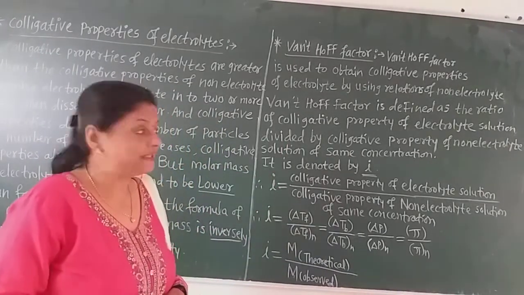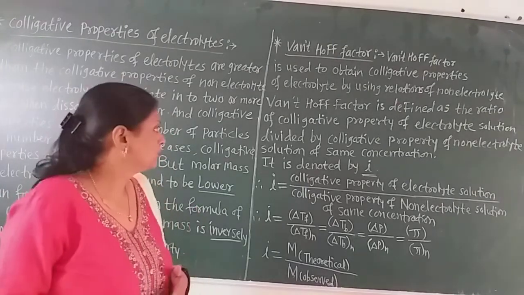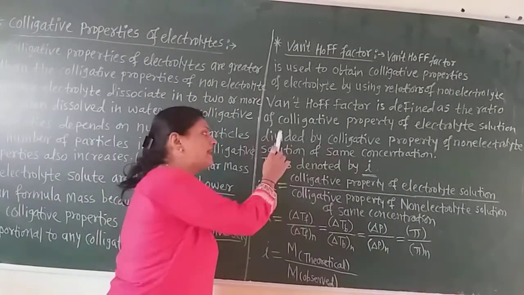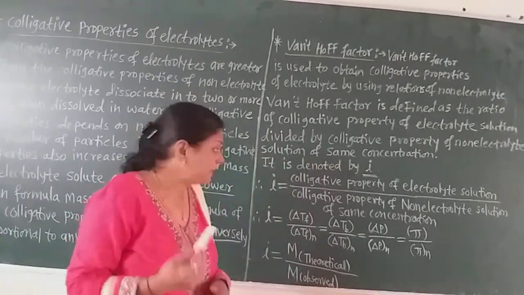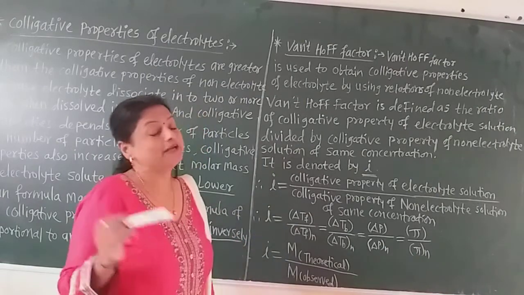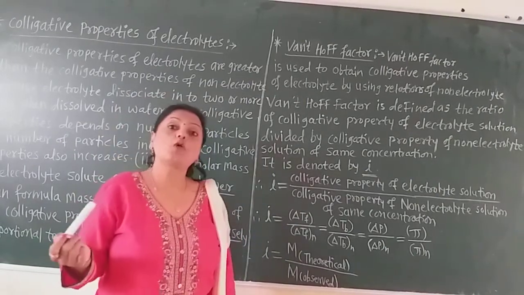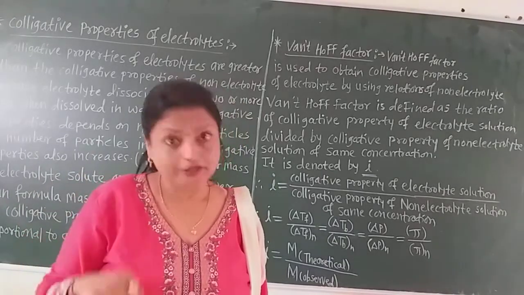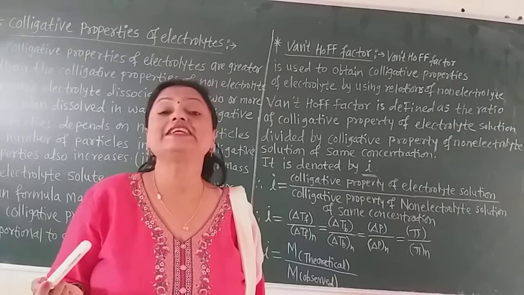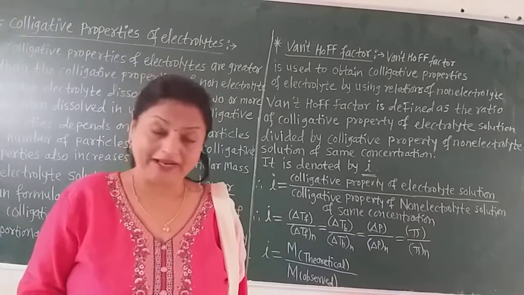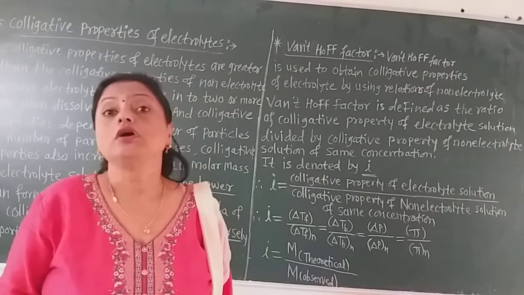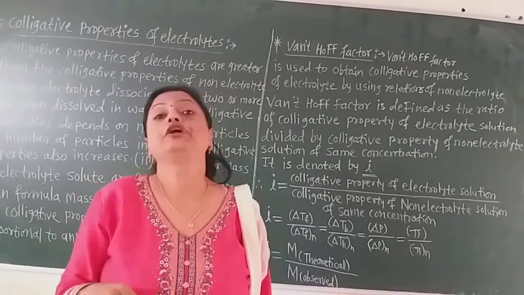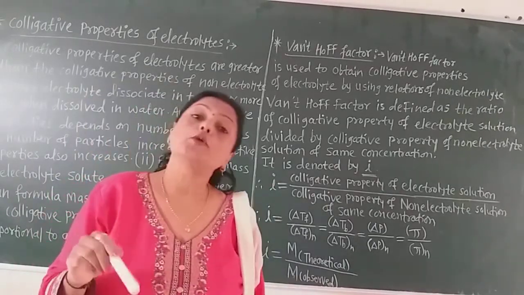Van 't Hoff factor is defined as the ratio of the colligative property of the electrolyte solution divided by the colligative property of the non-electrolyte solution of the same concentration.